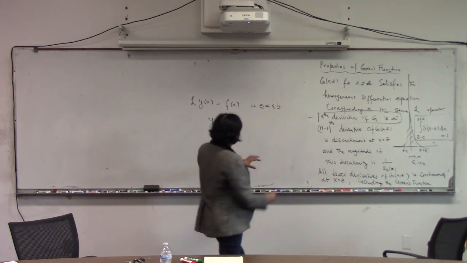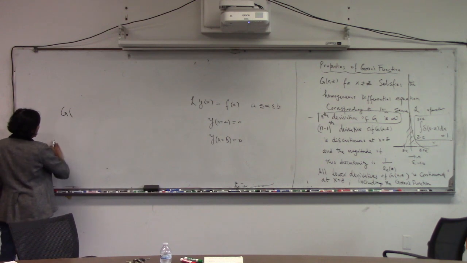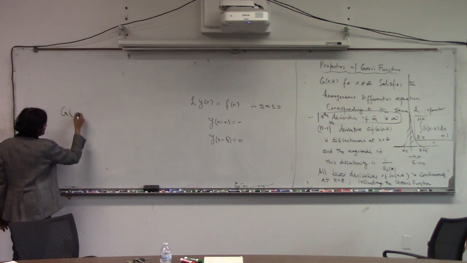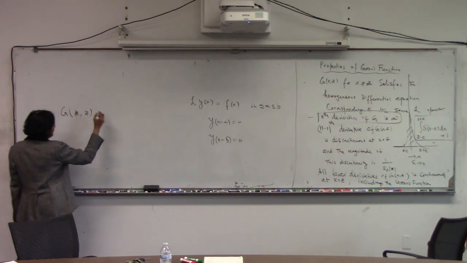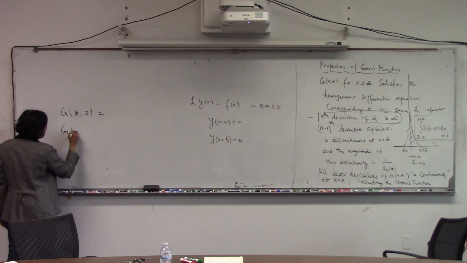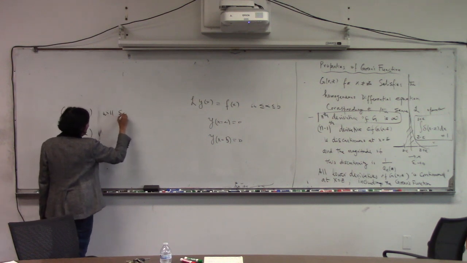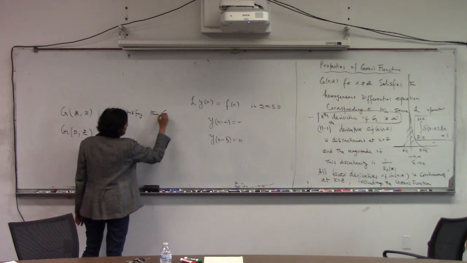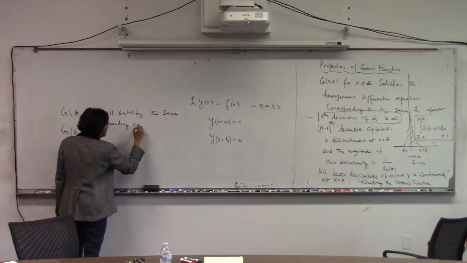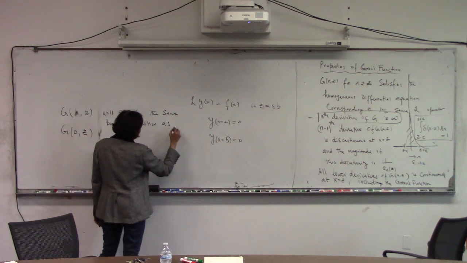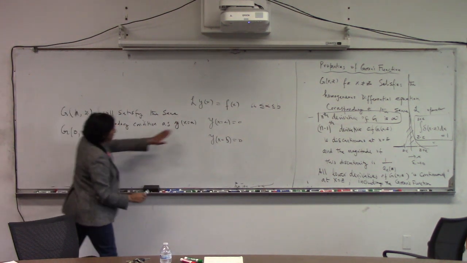Another property that we will be using in getting the Green's function is that Green's function, as a function of x, at x equal to a, and for any z, will satisfy the same boundary condition as y, in this case at x equal to a, and similarly at the other end. So they will satisfy the same boundary condition as y, whatever it is.